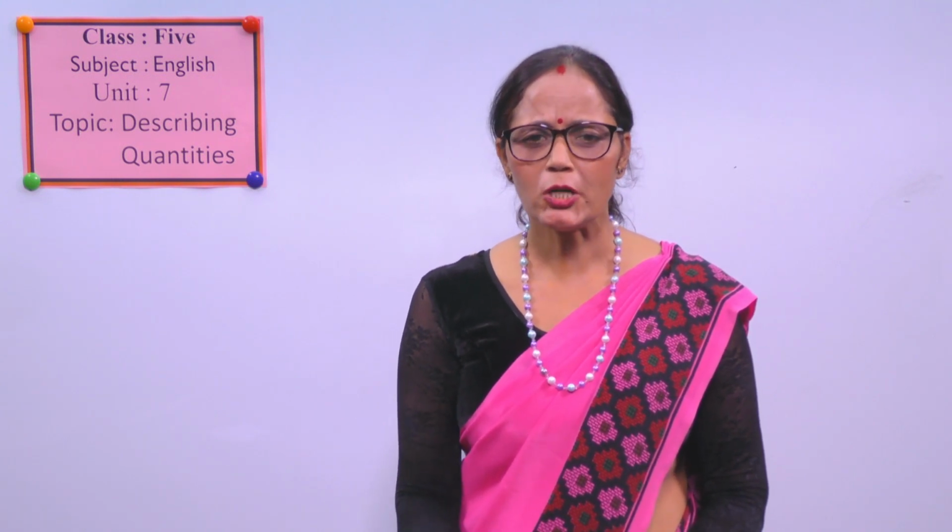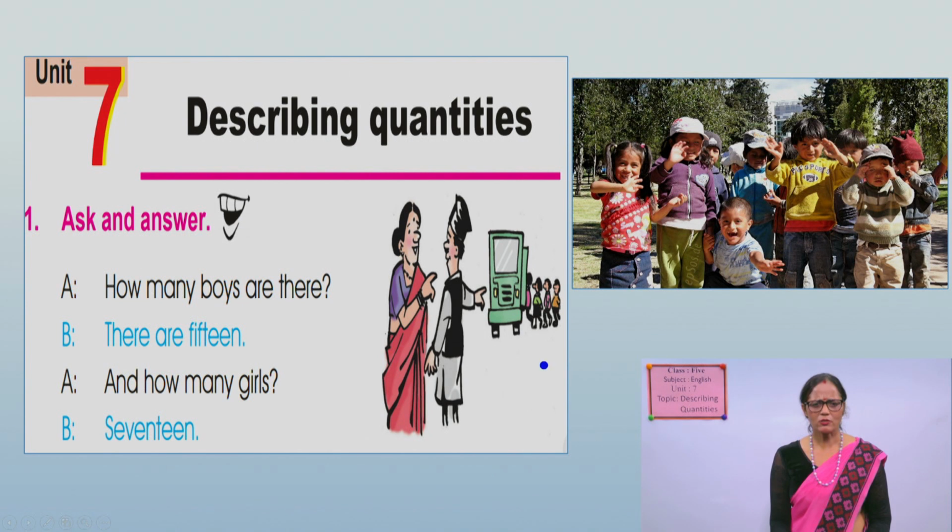First of all, it is not a market, but what is it? Can you guess? Who are they? They are the children, and they are getting into the bus, and they might be the school teacher, and they are asking how many boys are getting into the bus and how many girls are going there.